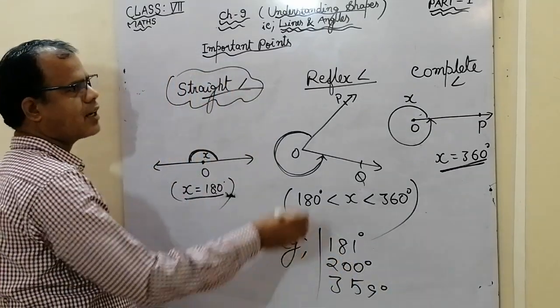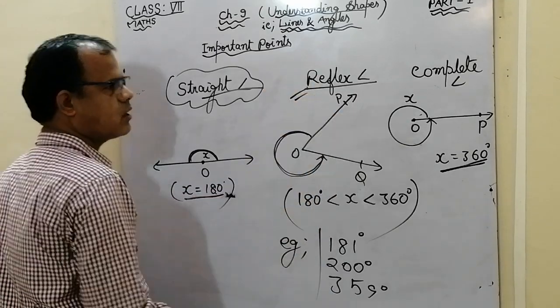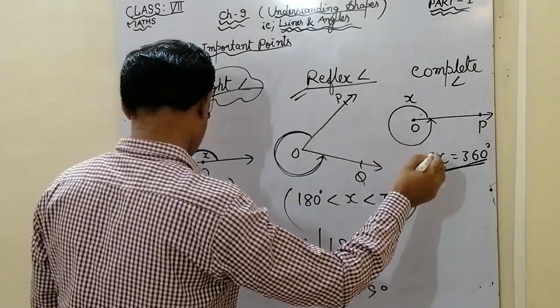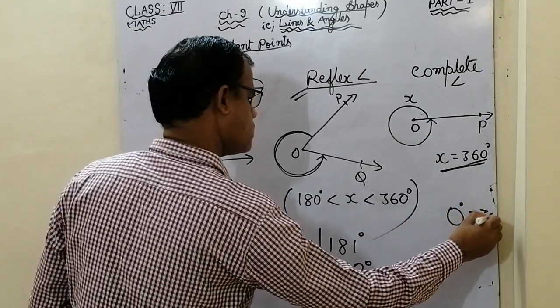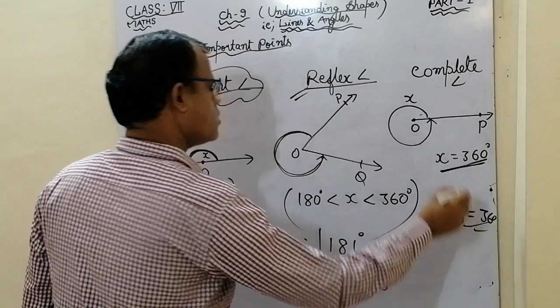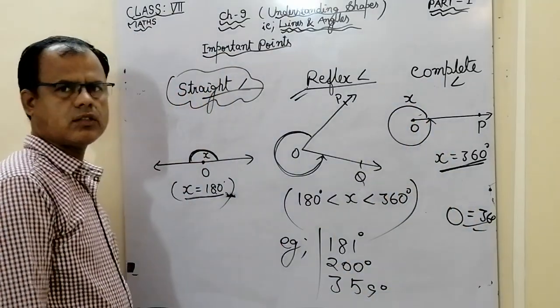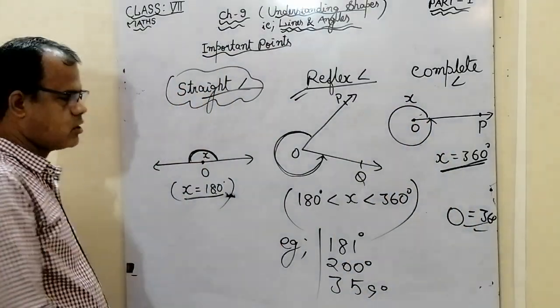These all three are examples of reflex angles. And here you can see this O represents 360 degrees. So a complete angle is exactly equal to 360 degrees.